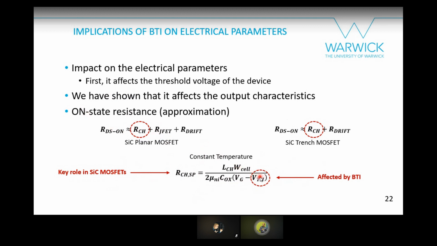If you reduce the threshold voltage, the channel resistance is going to decrease. If you increase the threshold voltage, it's the opposite. And then this is the role of the gate voltage. If you increase the gate voltage, this is going to be smaller. If you reduce it, this is going to be larger. And this shift is going to be more apparent.